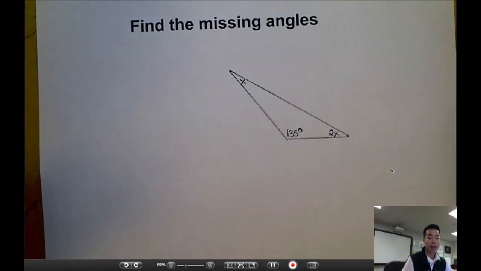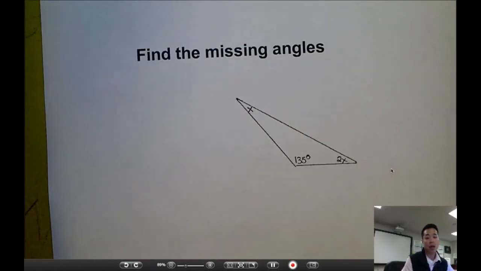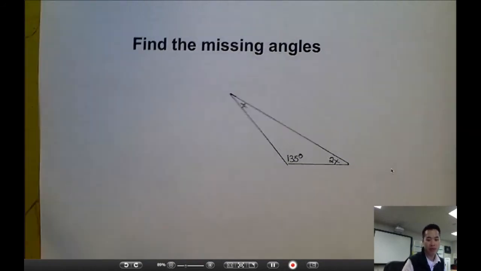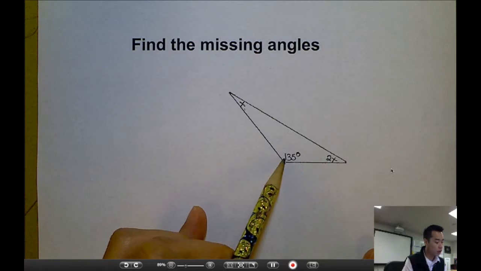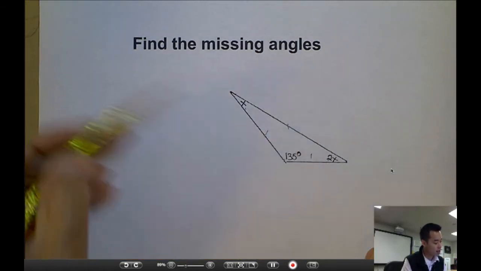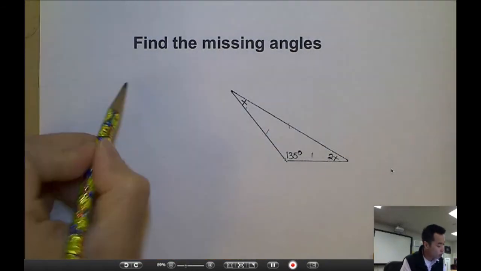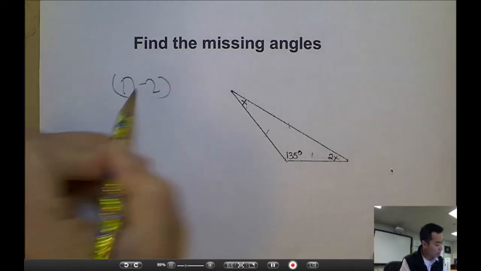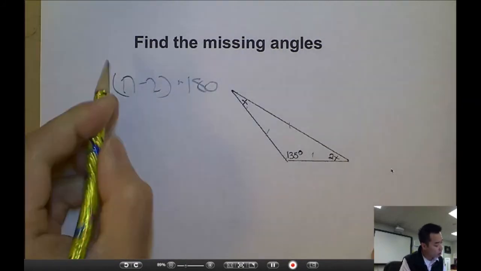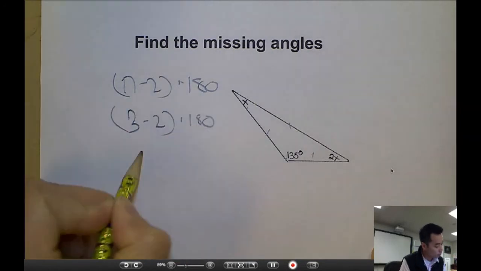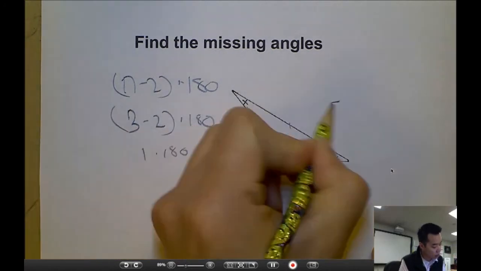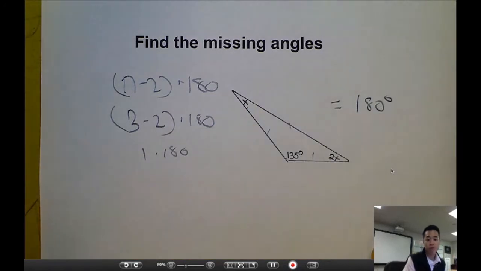Next, find the missing angles again, but this time it gets a little bit more difficult, or they try to make it. We have x, twice x, and then 135 degrees. So this is a triangle, so if you really have to, just write the formula down if you don't remember it. Then we have 3 minus 2 times 180, 1 times 180. So we know that this has to equal 180 degrees.